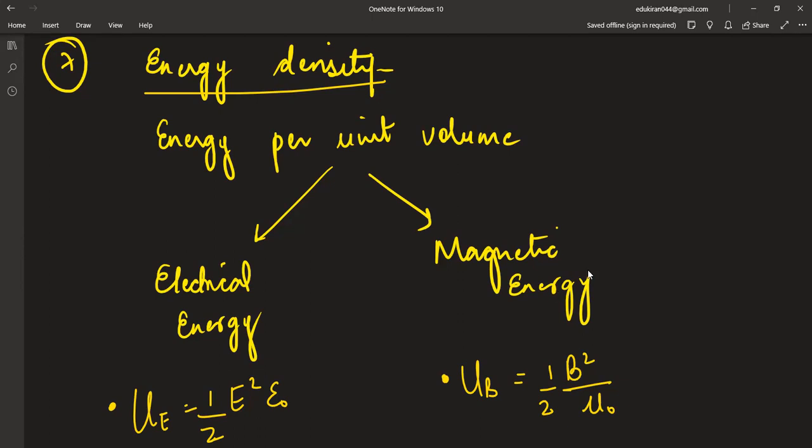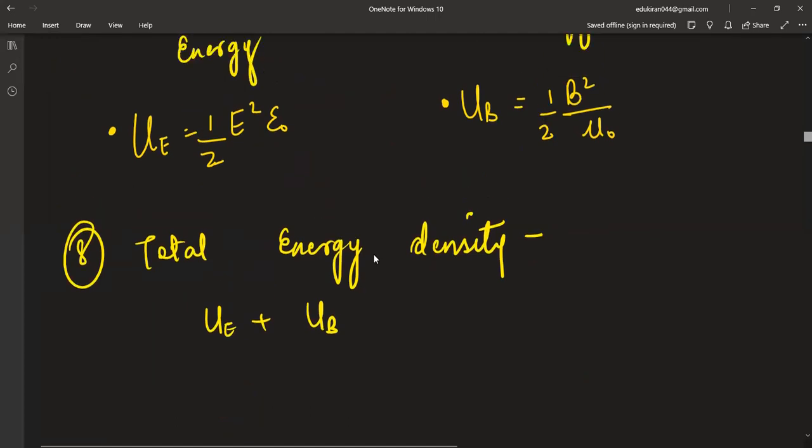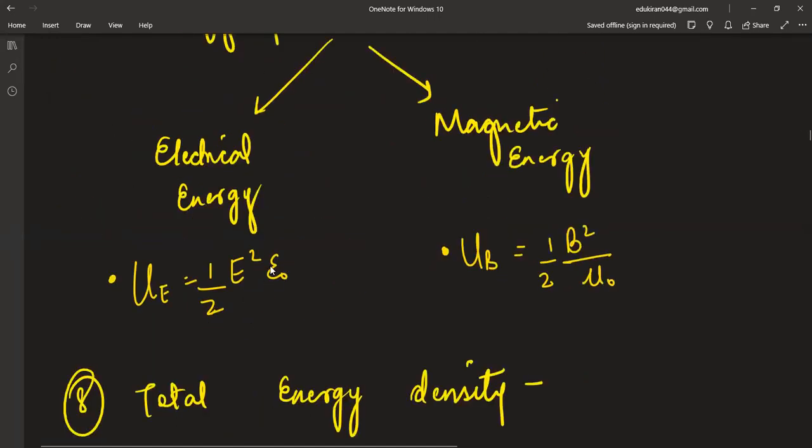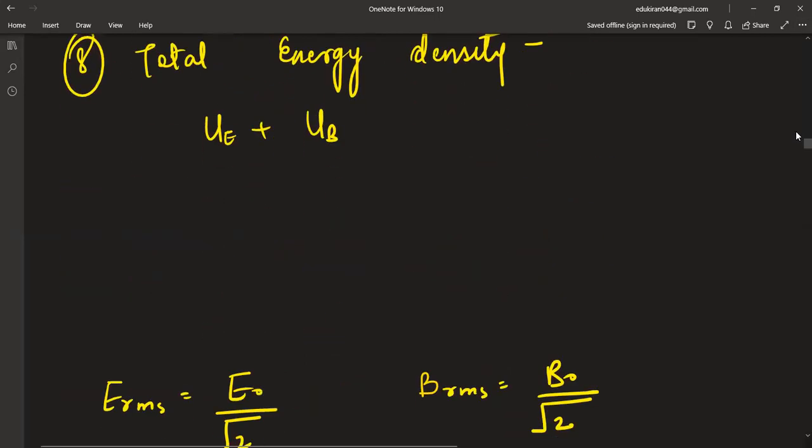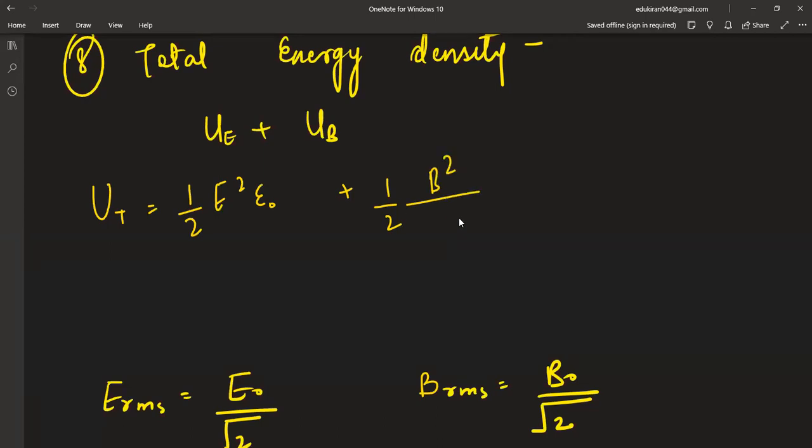Here you have the formula half E square into epsilon naught for electrical energy, and half B square by mu naught for magnetic energy. For the total energy density, we'll combine both of these; this will be added to this. So it is half E square epsilon naught plus half B square by mu naught.